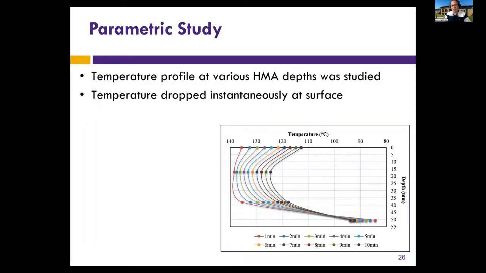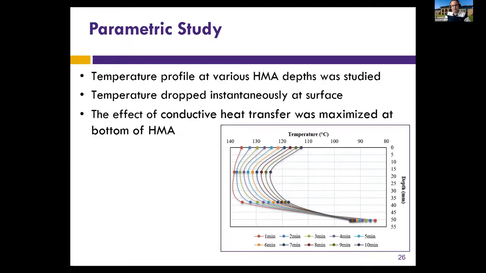So this was also a significant finding from this study: temperature differential does not only happen in the horizontal distance, it also happens throughout the depth of the overlay. And that's something that is not considered in the literature.